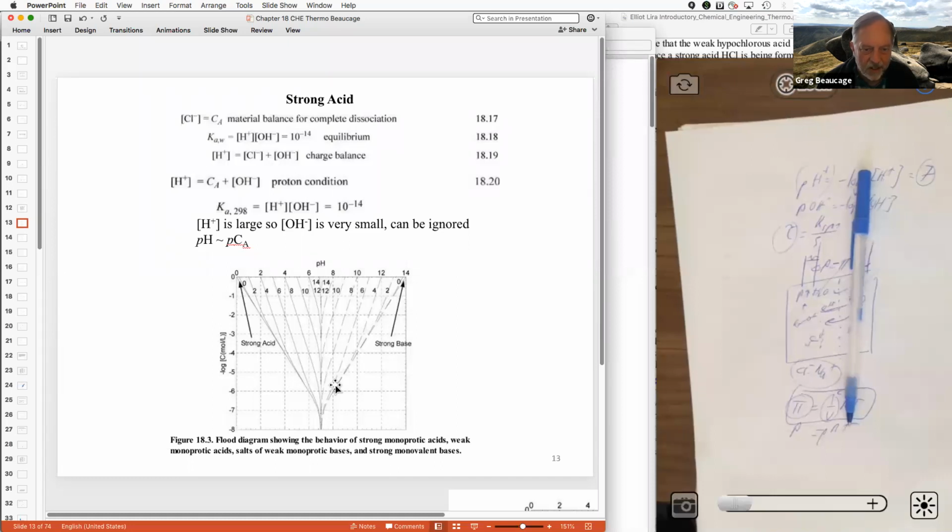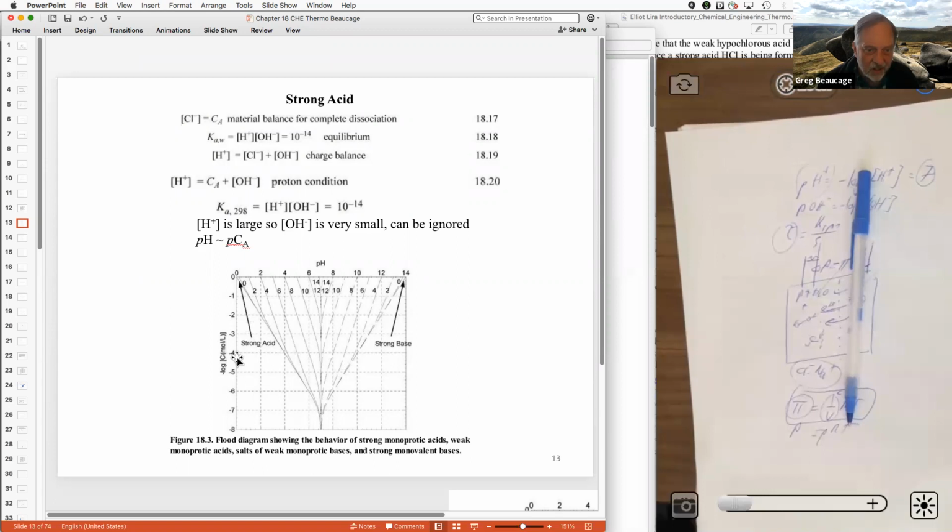And then the remainder, like if you're at 10, then you're going to have 4 to make 14, right? Or if you're at 7, they're both 7. So the two numbers add up in terms of pH. They add up to 14. And then this is the concentration of the two.